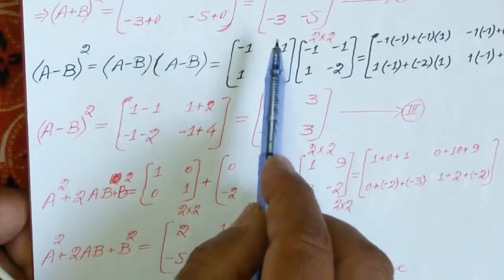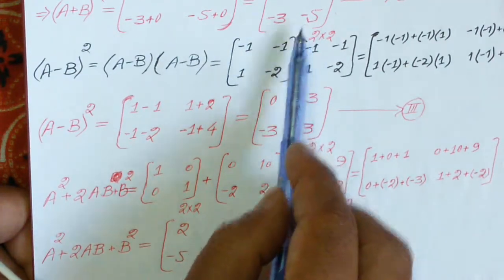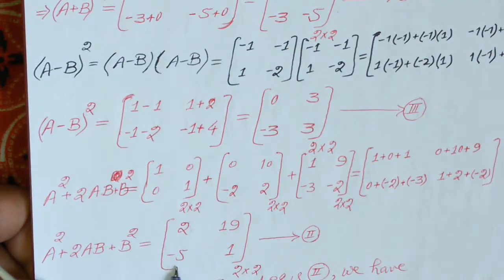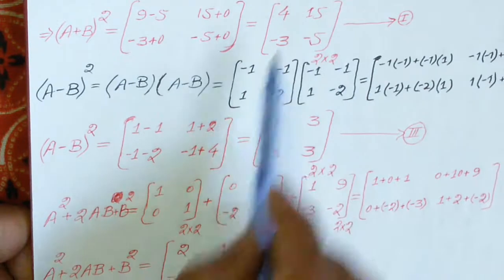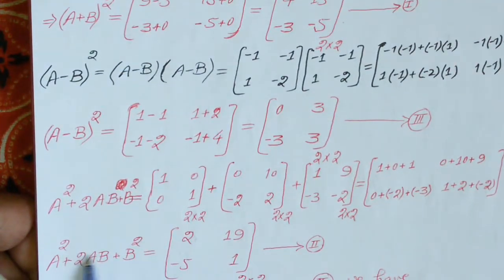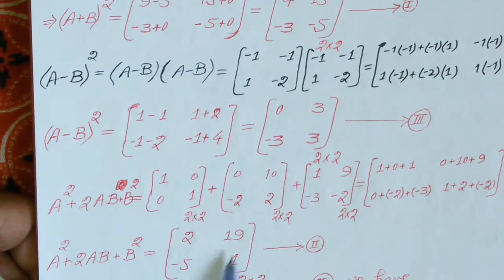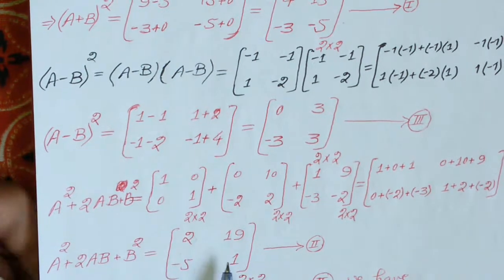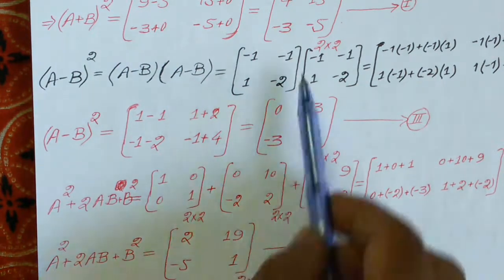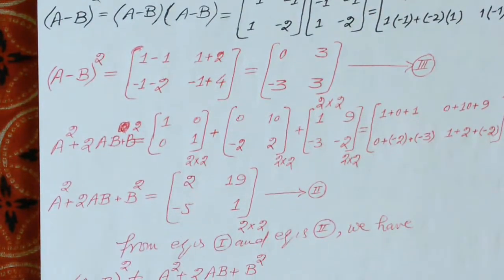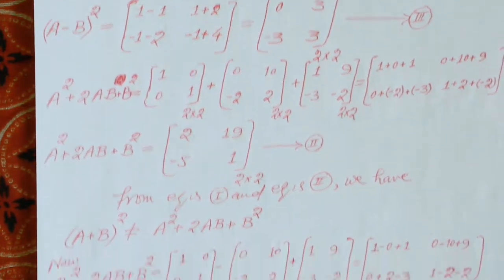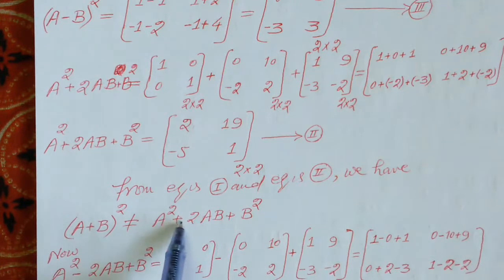And the element in the second row is minus 3, minus 5, and here the element in the second row is minus 5 and 1, which are different. So A plus B whole square is not equal to A square plus 2AB plus B square. So from equation number 1st and equation number 2nd, we have A plus B whole square is not equal to A square plus 2AB plus B square.